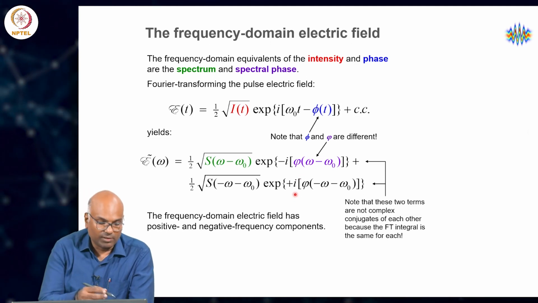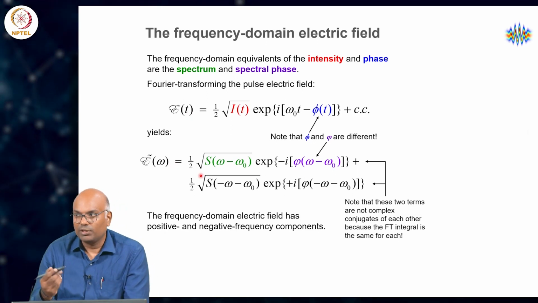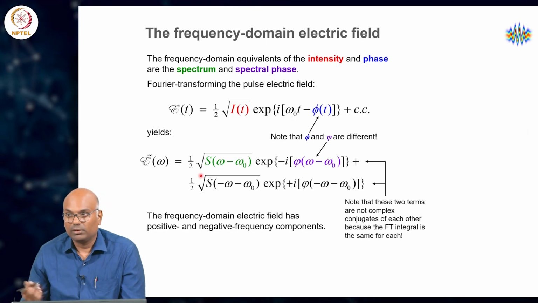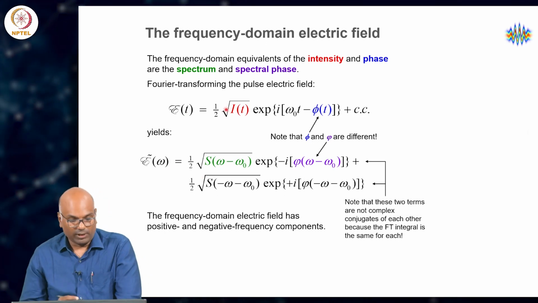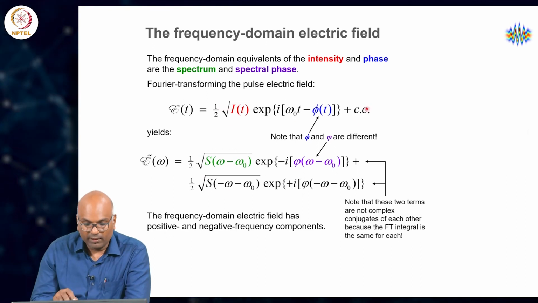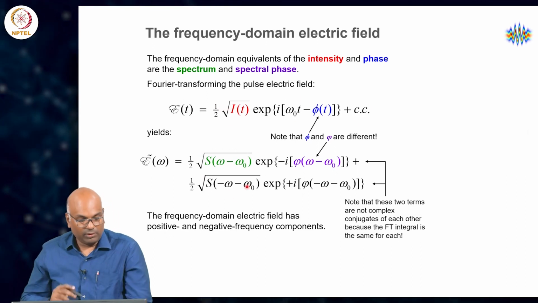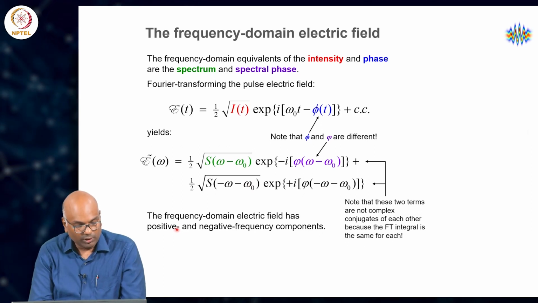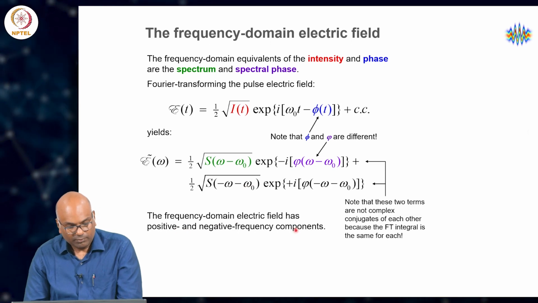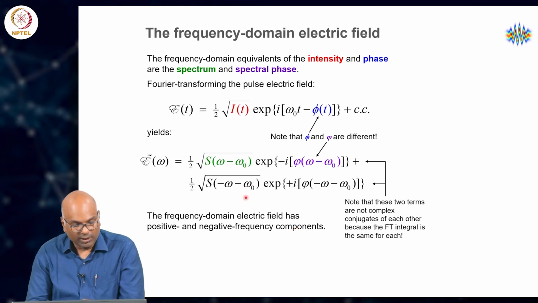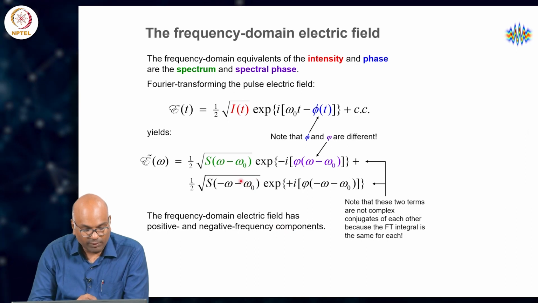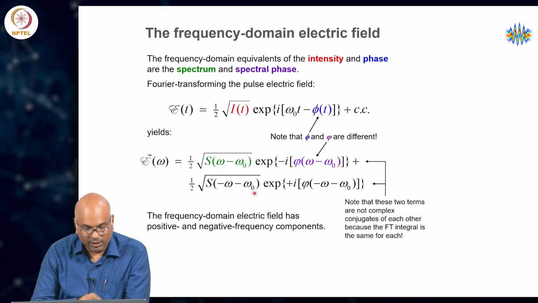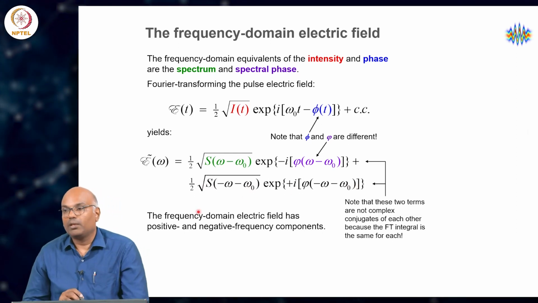Although the electric field is real, if I Fourier transform this, I would essentially get a spectrum which, if this was a Gaussian, would also look like a Gaussian. But owing to the maths and the way we have written it, we have a frequency domain description of the electric field which has both a positive and a negative frequency component. Since omegas are frequencies, they are all positive valued, positive numbers. The second term at the bottom is entirely on the negative axis.